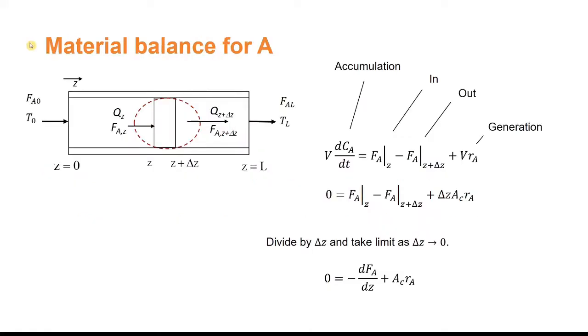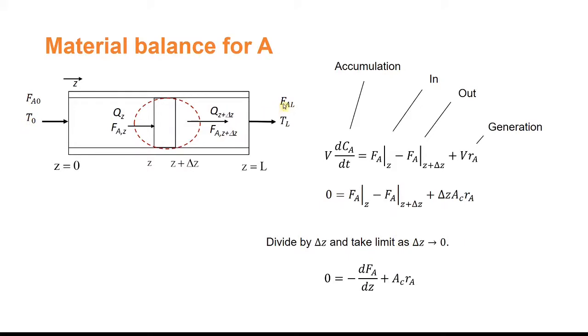Now we can start writing our model equations, and we will start with the material balance for component A. So again, here is a sketch of the system, and we add a bit more detail here. Here is our control volume at some position Z in the reactor, and the length of our control volume is delta Z. We have our inlet flow of A, and here is our inlet temperature.